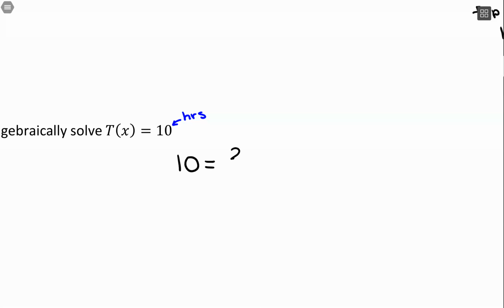So 10 equals 210 over x plus 6 plus 130 over x minus 6. So we're solving a rational equation here. So I need to find my LCD, which would be this x plus 6 times x minus 6. So we want to multiply every single term by x plus 6 times x minus 6.